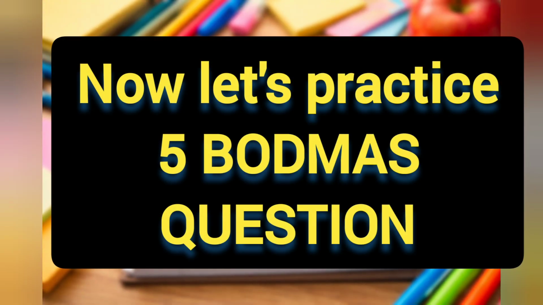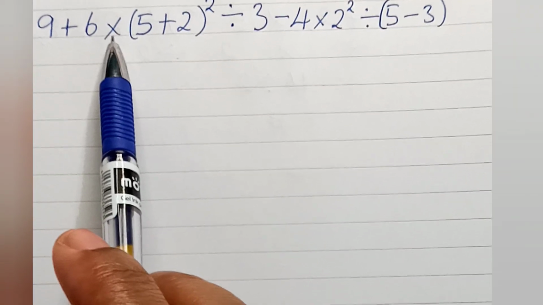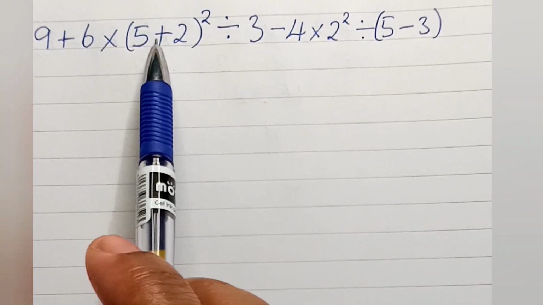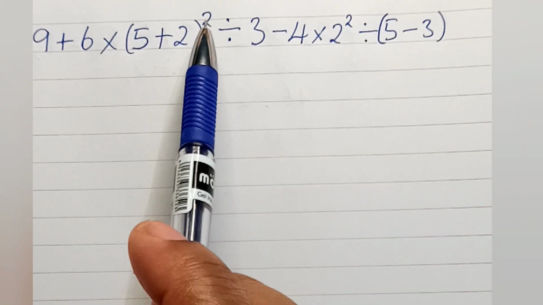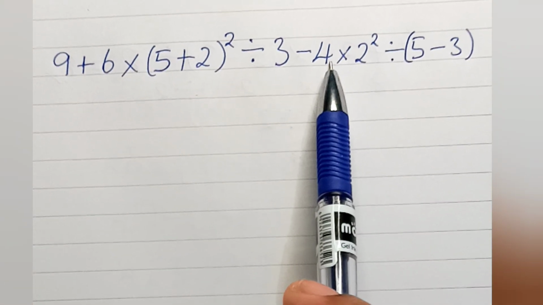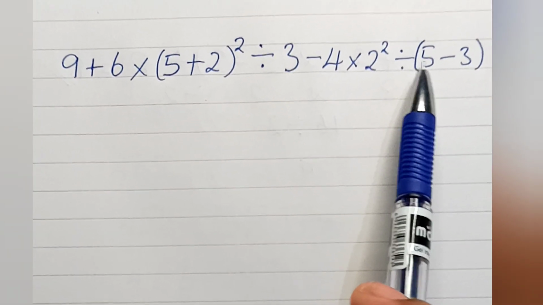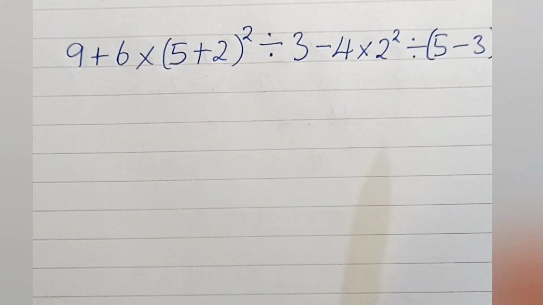Bonus questions with answers. 9 plus 6 multiplied by (5 plus 2) squared, divided by 3, minus 4 multiplied by 2 squared, divided by 5 minus 3.